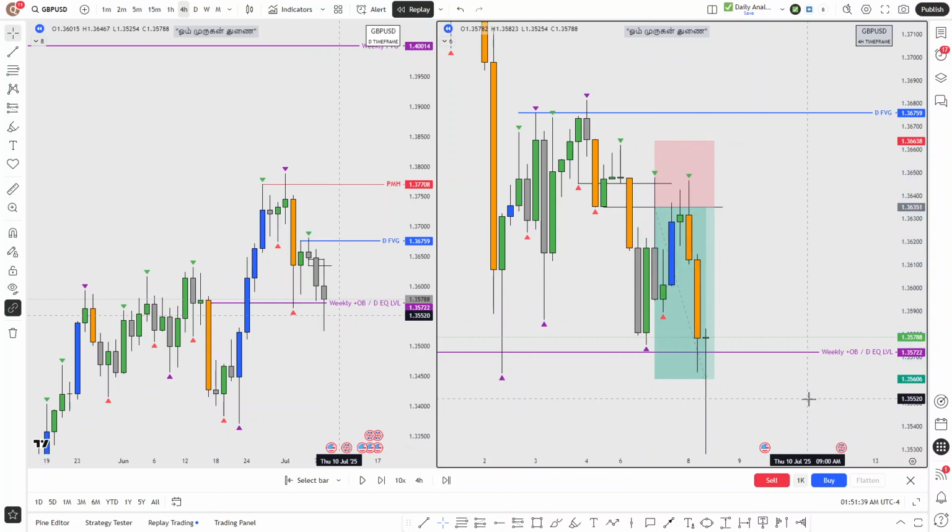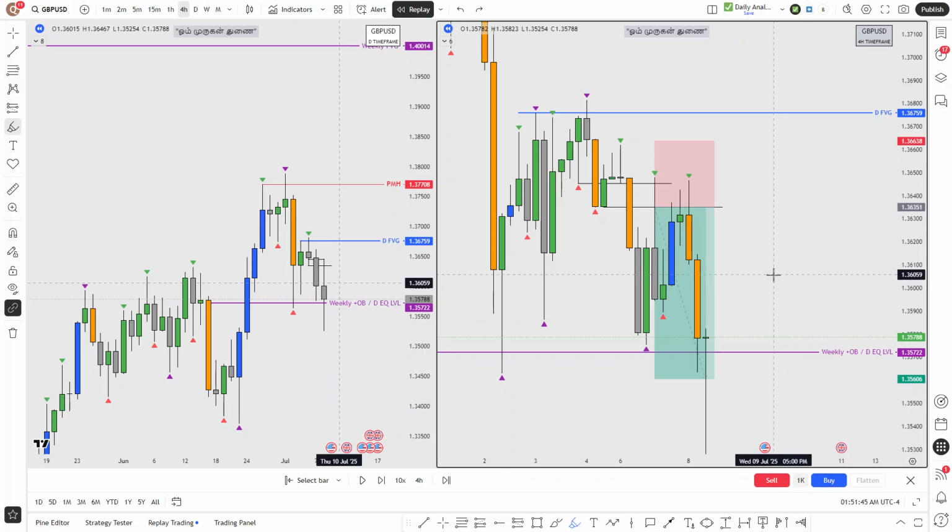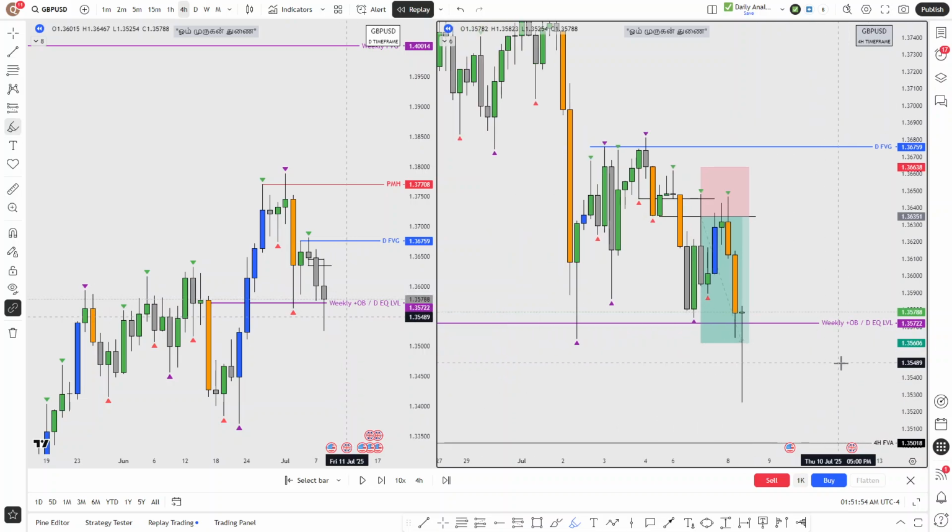But I made a mistake. As soon as I saw this BC here, out of curiosity or some behavioral instinct, I just squared off partials in my trade book. I will show it in some time.